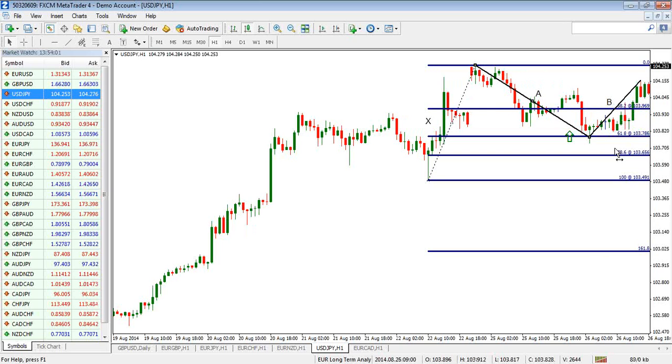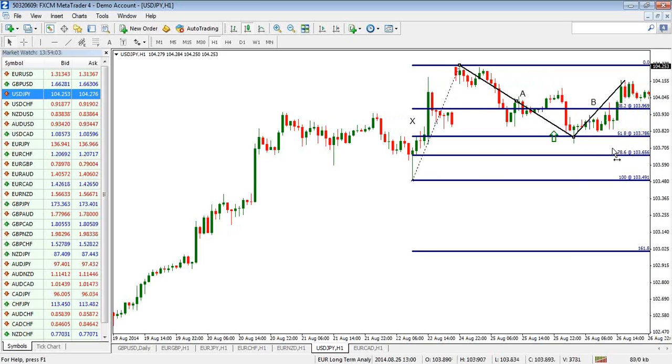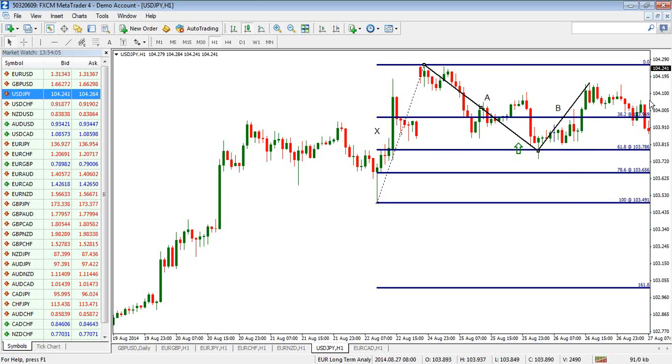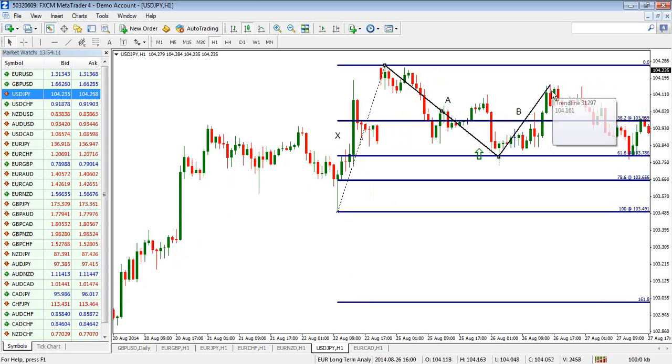So we were like, okay, we now have a B coming up, and we saw B start to stall out. When you look at where the high of B is, the other rule for a harmonic Gartley, remember, is that this B has to retrace between 38.2 and 88.6% of A over here.